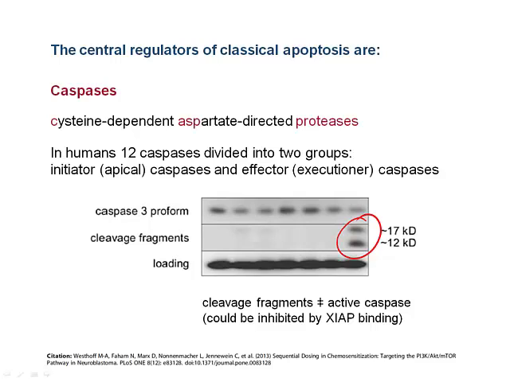Those cleavage fragments could be bound to XIAP and inactivated. So, although caspase cleavage is a good indicator of apoptosis being initiated, it is not sufficient to tell you that apoptosis is proceeding.